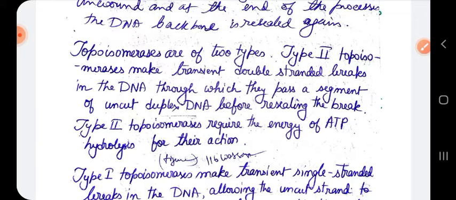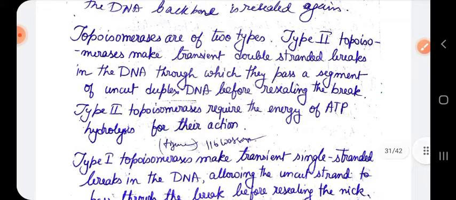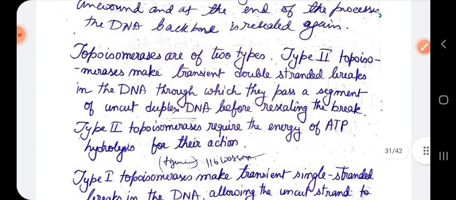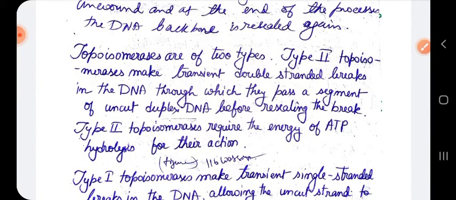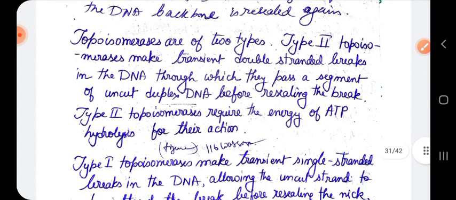Type 1 topoisomerase doesn't need ATP for the cleavage activity, that is the cutting activity, the break that is made in one of the strands. Whereas topoisomerase 2 cleaves both of the DNA strands. For this they don't require energy. Topoisomerase 2 requires energy only for the conformational change in its structure during that process.